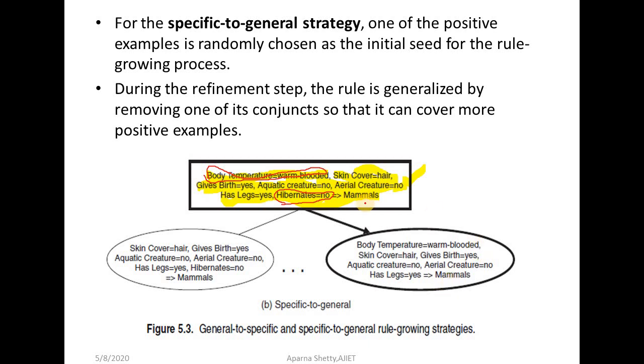So in this specific to general, first you will take one record from the data set and add all the attribute value pairs of that particular record. That record should belong to the positive class. So what is the meaning of positive class? Positive class is the class label of the rule. Other classes are called negative classes.